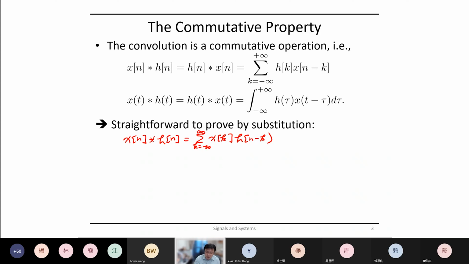Now we can do a simple change of variable where we set r equal to n minus k. If you do that, then you have a summation for r from minus infinity to infinity of x of n minus r times h of r.